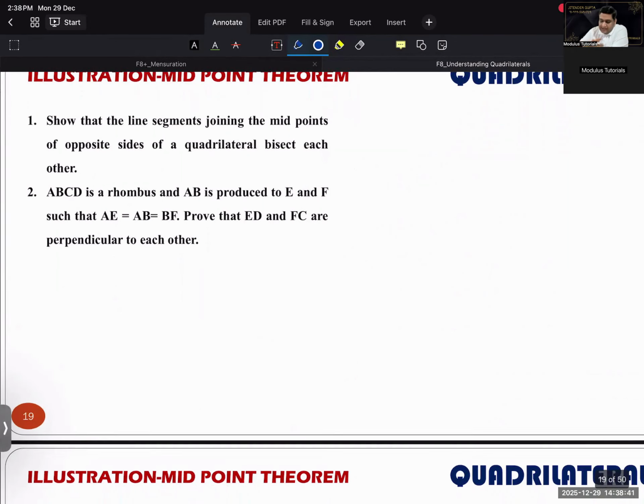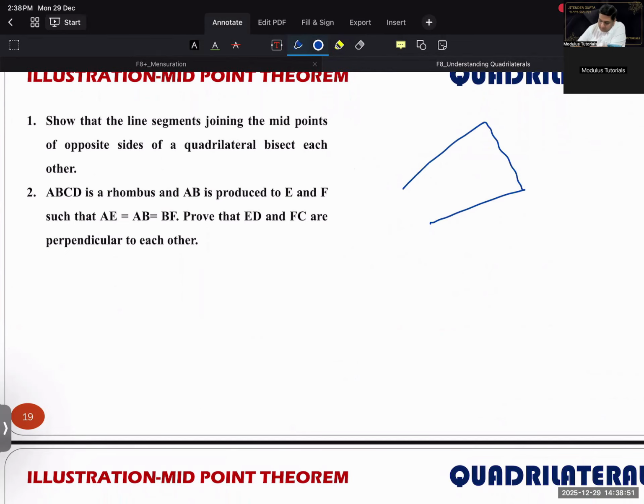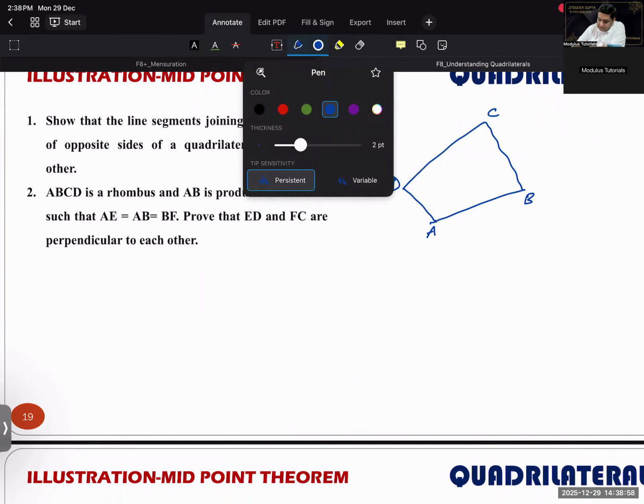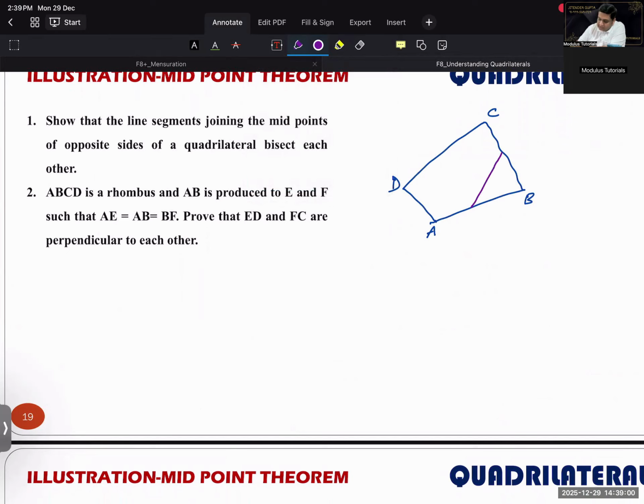Next is: show that the line segments joining the midpoints of opposite sides of a quadrilateral bisect each other. So we have a quadrilateral. This is A, B, C, D. The line segments join the midpoints. These are the midpoints, guys.